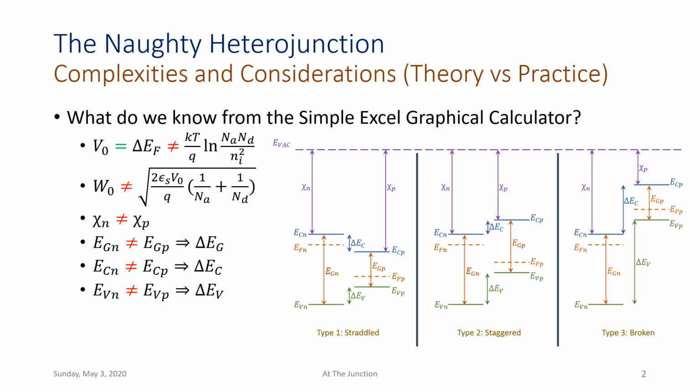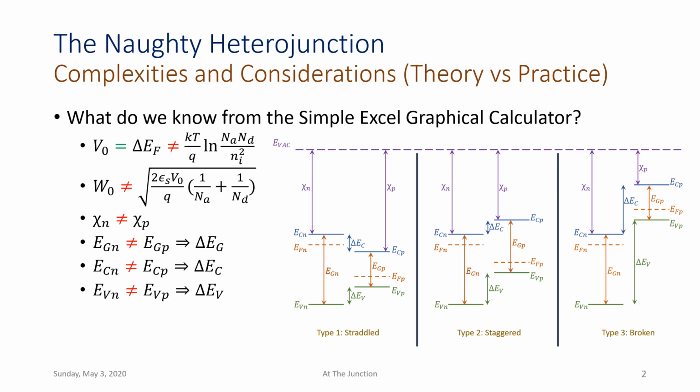There is an electric field, there's a potential that's caused because of the electric field, and so the energy band diagram of the PN junction forms. But in case of a heterojunction, we can quickly see from the figure on this slide that there could be three scenarios.